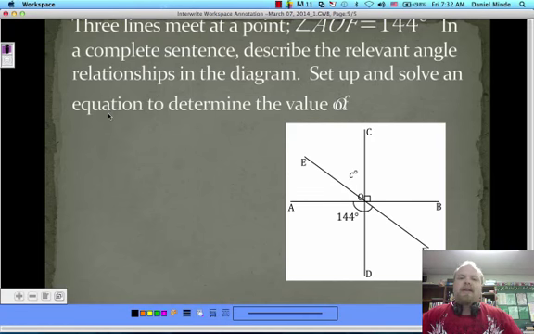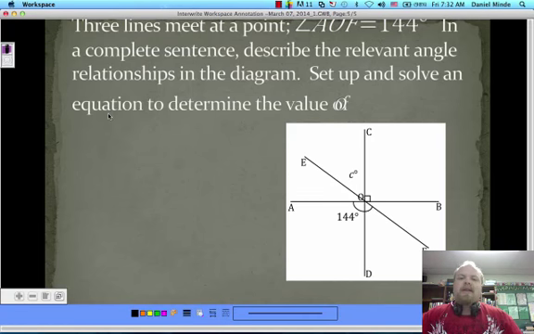Now it says to set up an equation to find the value of angle C, which is what we're looking for. This angle right here. Okay. Well, I know that angle C is a vertical angle to this angle here. I also know that this angle right here is 90 degrees.